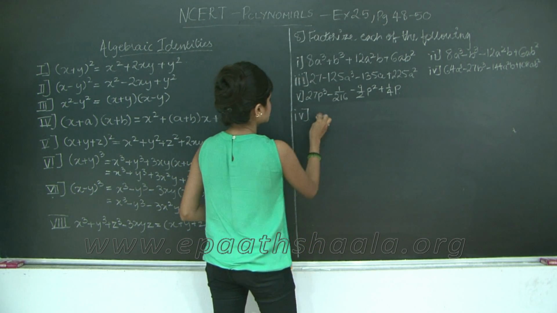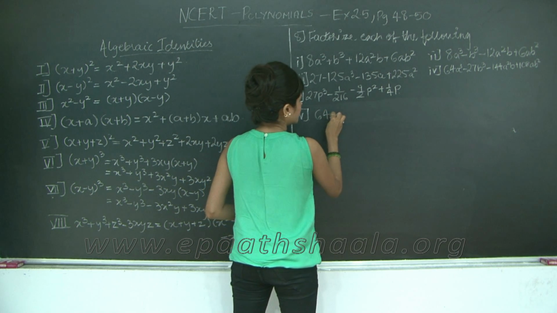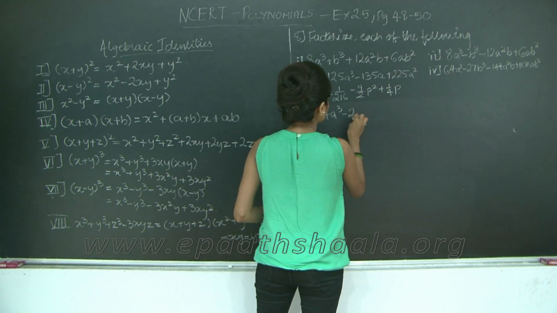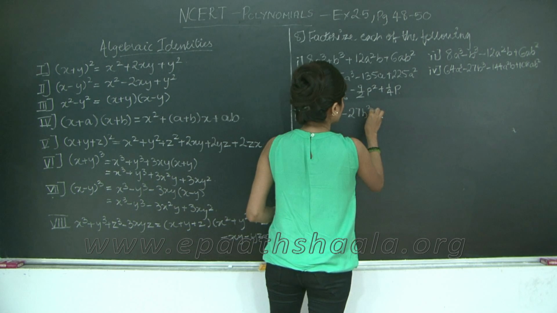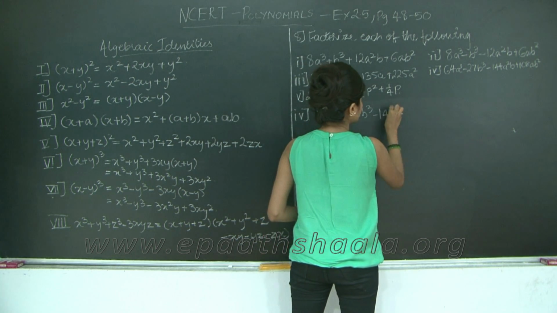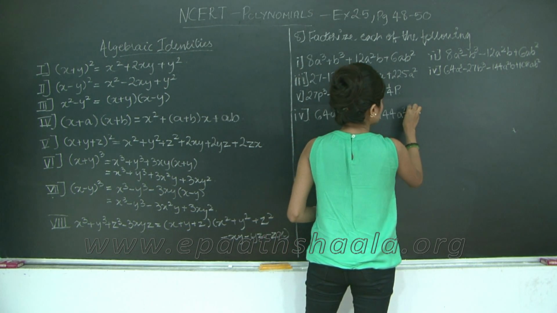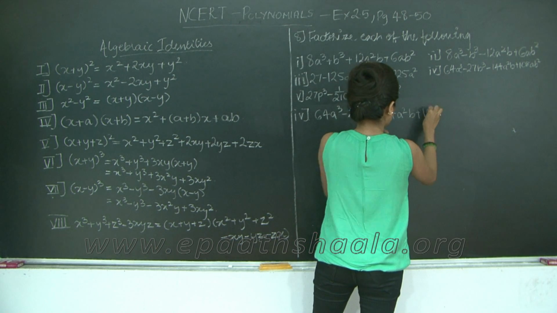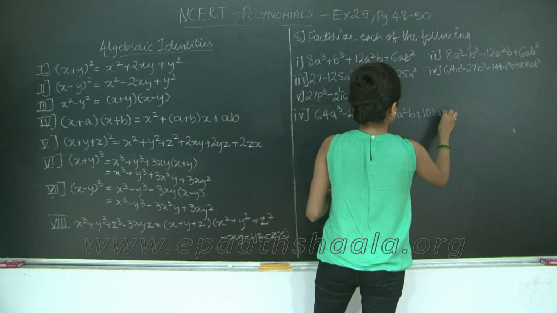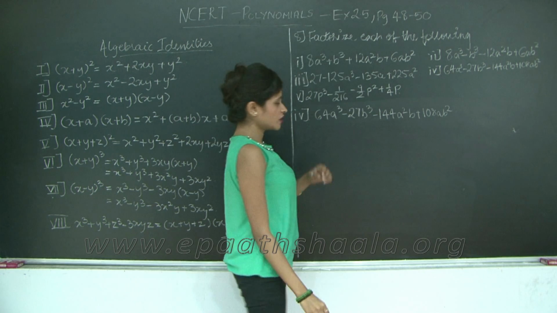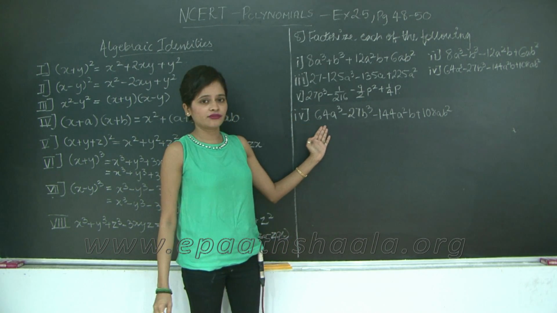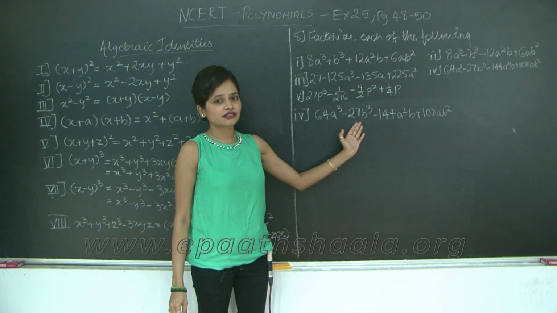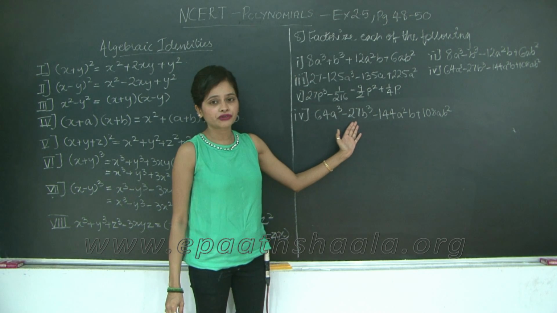So my fourth sum is 64a cube minus 27b cube minus 144 a square b plus 108 ab square, right? Again you see that 64 is the cube of 4 and 27 is the cube of 3.